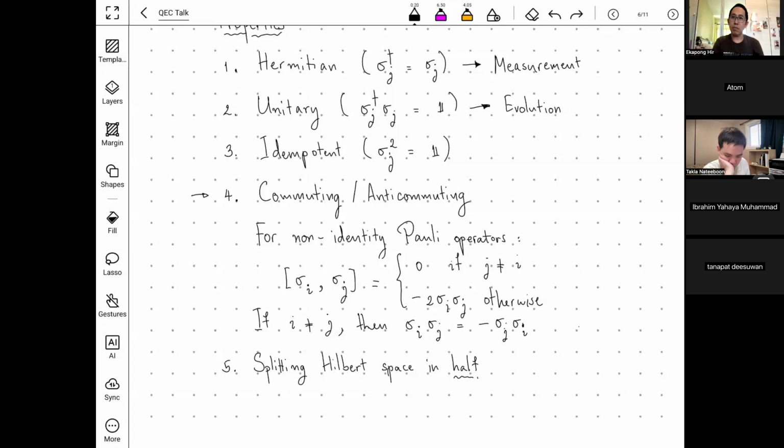Wait, is it not called idempotent? Is it called nilpotent? I think it's in the footnotes, I think nilpotent. For a qubit, we have a set of operators which satisfy all these conditions: Hermitian, unitary, idempotent, and it has nice multiplication identities.